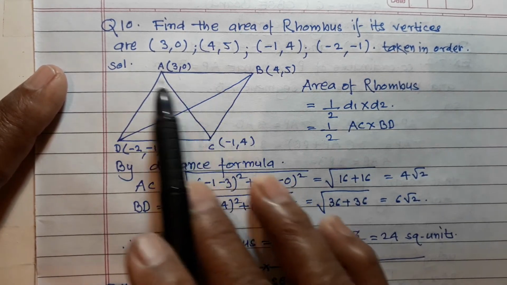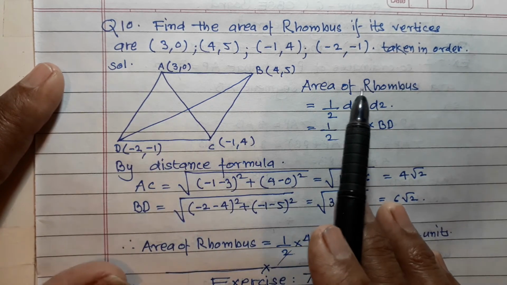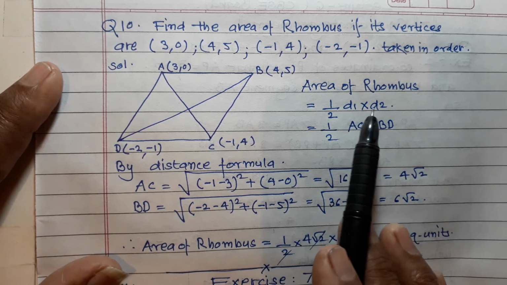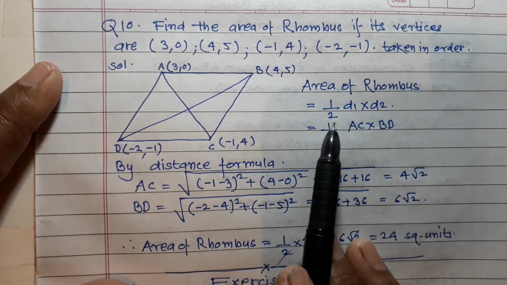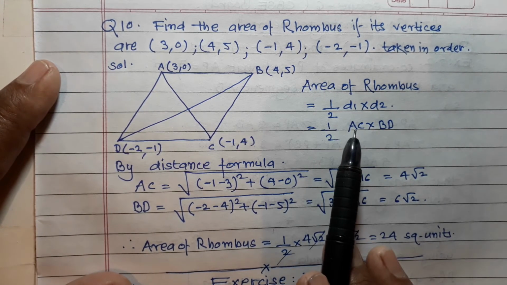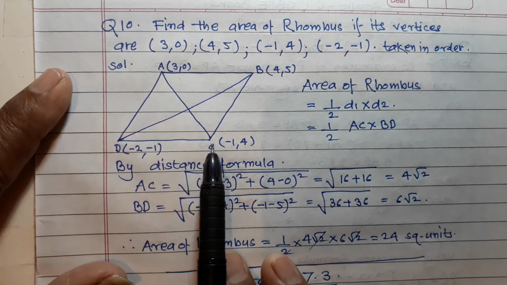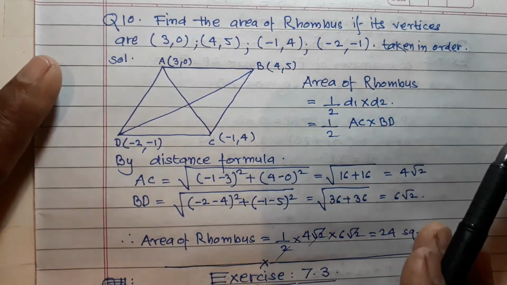Solution: area of rhombus is equal to 1/2 into d1 into d2, that is 1/2 into AC into BD. So I find this as AC and this as BD.